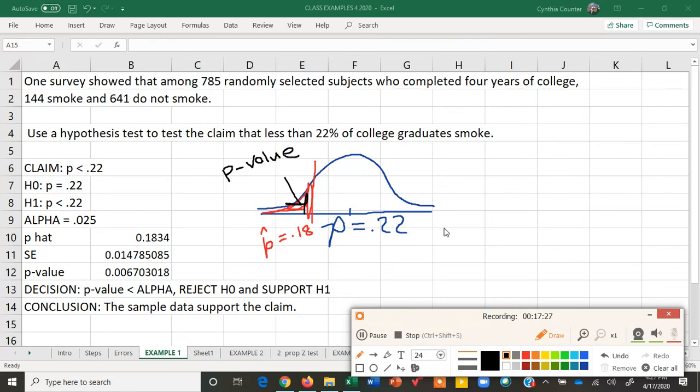I really could have drawn this a little differently. Since it was so small, it would be way down here, and you get this little tiny area. That's more what it looked like.